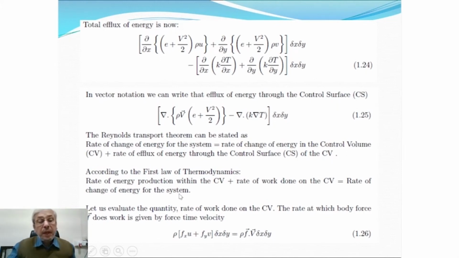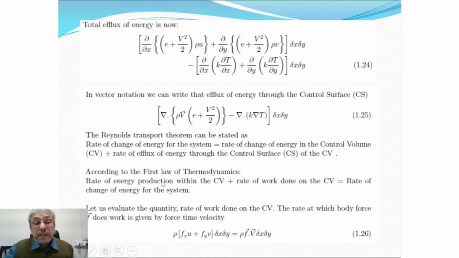Also, we know, according to the first law of thermodynamics, the rate of energy production within a control volume plus the rate of work done on the control volume is the rate of change of energy for the system. So when we state Reynolds transport theorem, the entire right hand side is known, but the left hand side is not known.